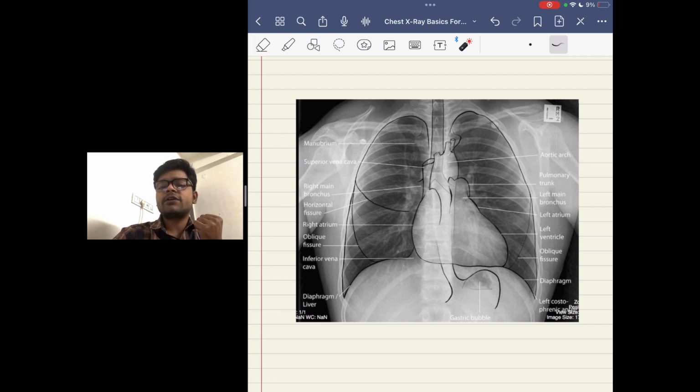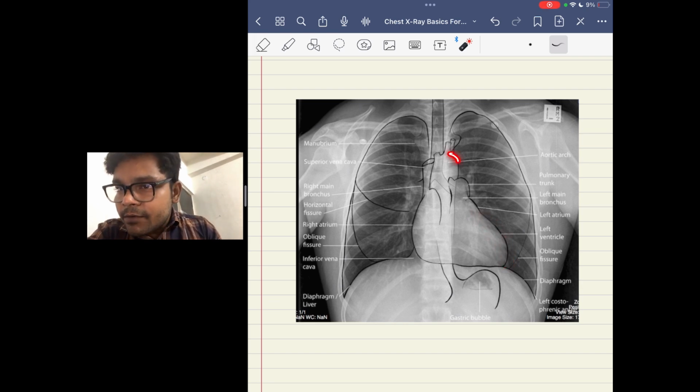In the left lung, you have 2 lobes divided by 1 oblique fissure. Now the right heart border is formed mainly by the right atrium, right? And the left heart border is formed in part by the left atrium and predominantly by the left ventricle.